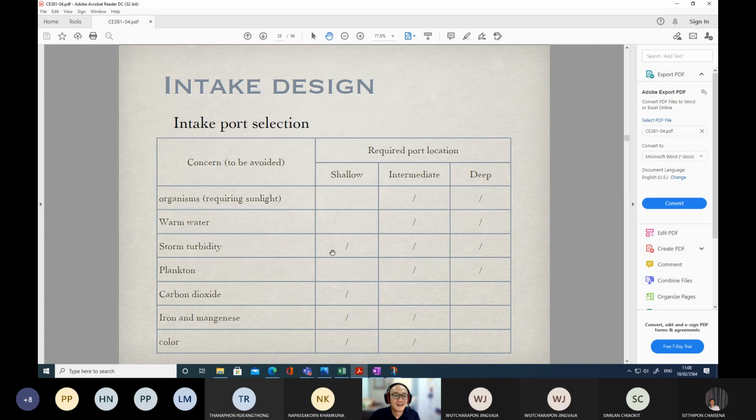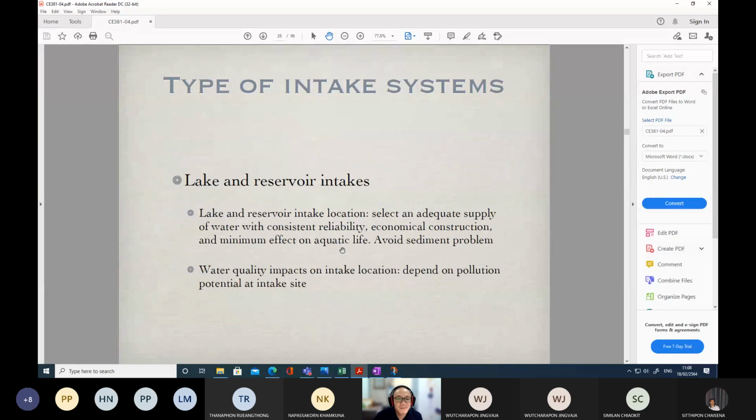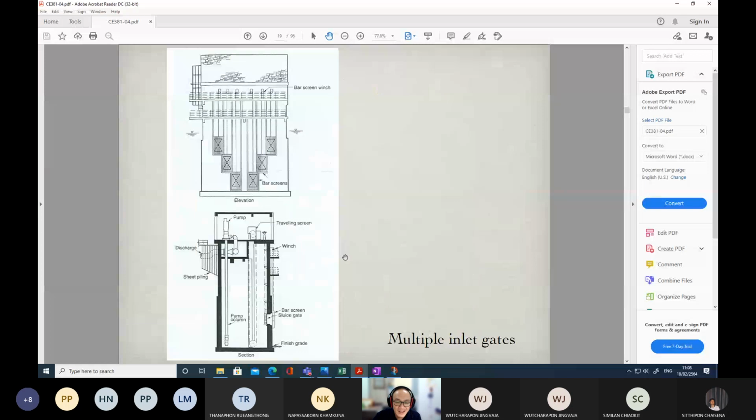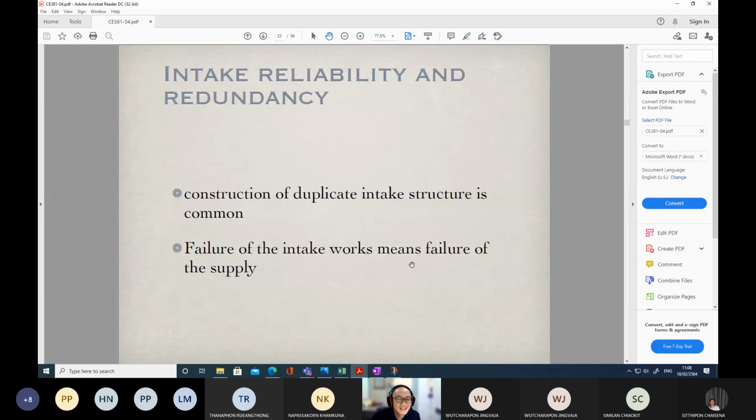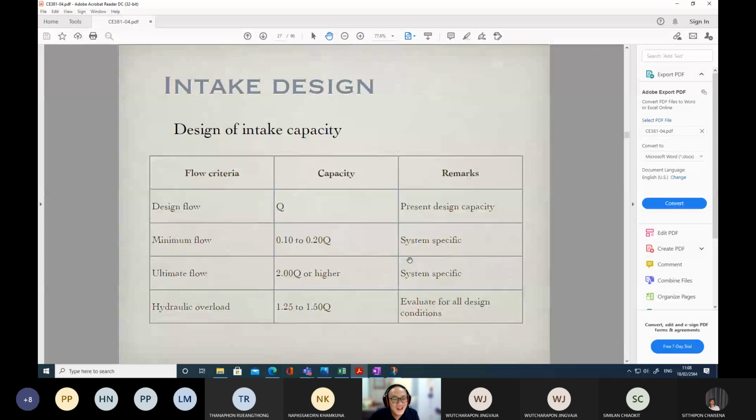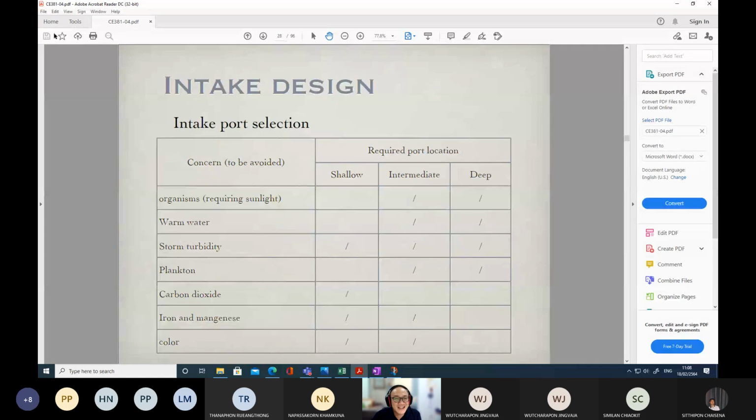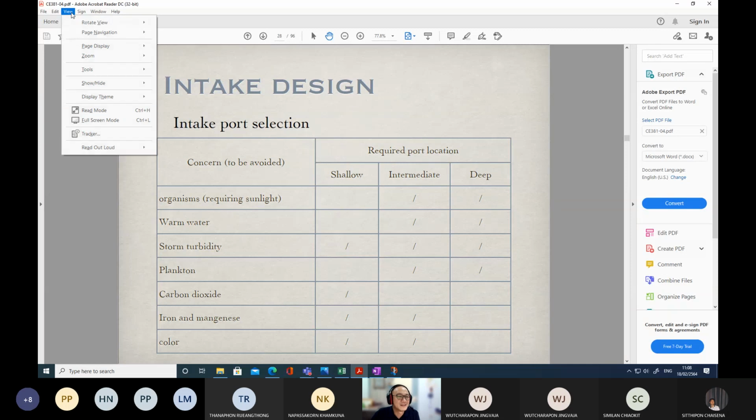Considering the port selections, for the intake facilities with multiple ports, multiple inlet gates, like in this photograph, the selection of the ports for withdrawing water matters.